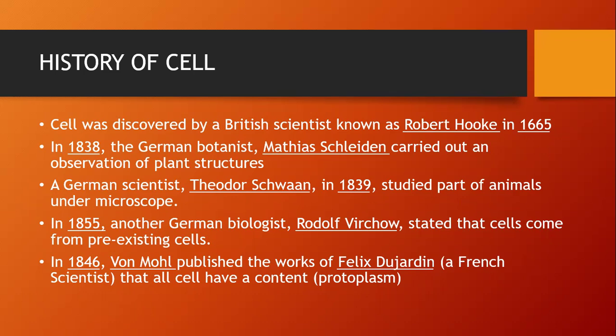And in Latin, it is called cellule, which means small room. So he also published his findings in a book called Micrographia in the same 1665 with a detailed illustration of these cork cells that he discovered. So as you can see, it was Robert Hooke who laid foundation about the discovery of cell.